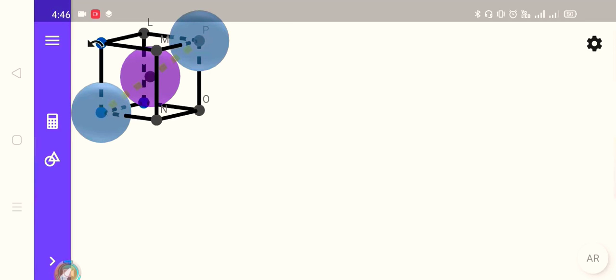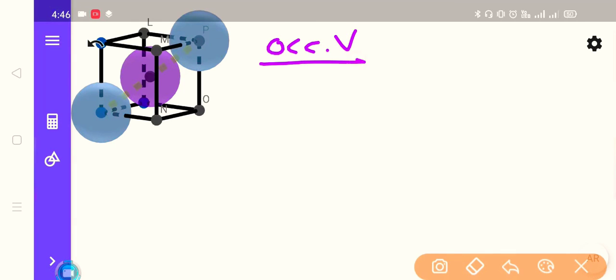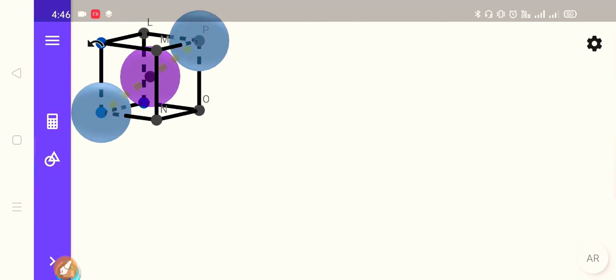Now let us find the packing efficiency of this unit cell. As mentioned earlier, it is occupied volume divided by total volume multiplied by 100. So what will be the occupied volume? Let us find the number of spheres which occupy volume in the body centered unit cell.